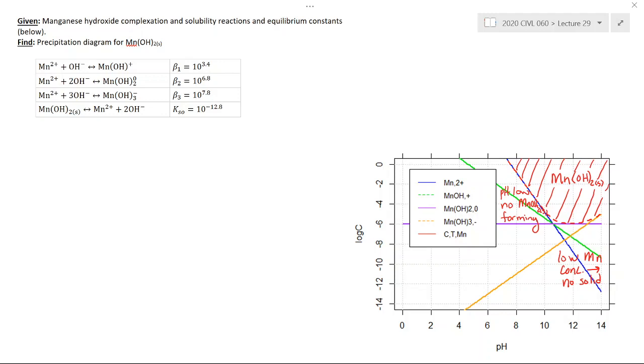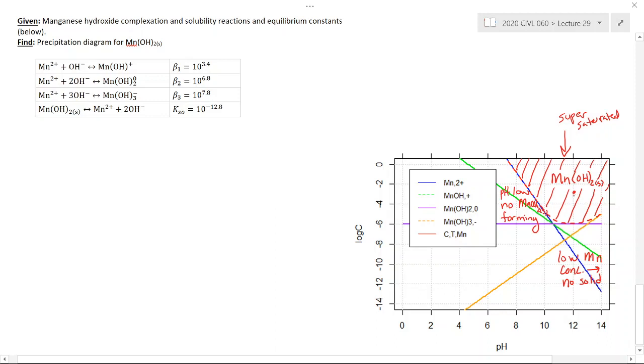Within the precipitation envelope, we would describe the manganese as being supersaturated. What that means is, for example, if you're located somewhere within the envelope, it's supersaturated, so it has too much manganese.